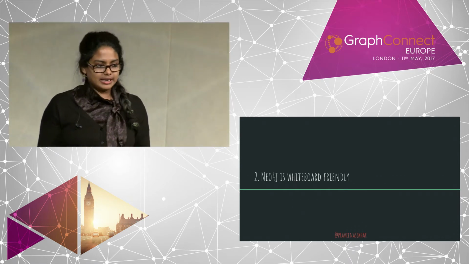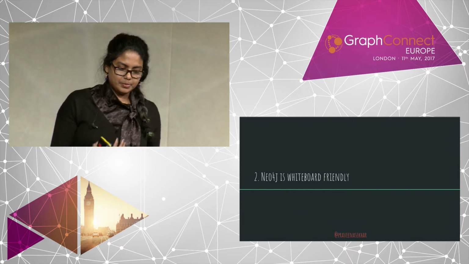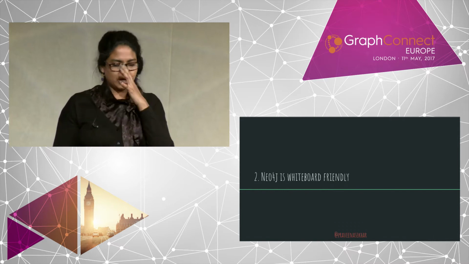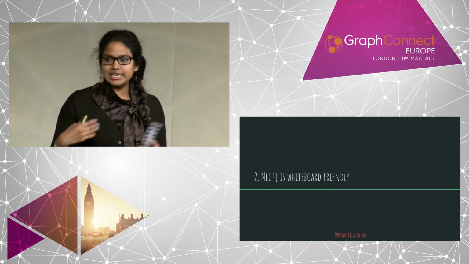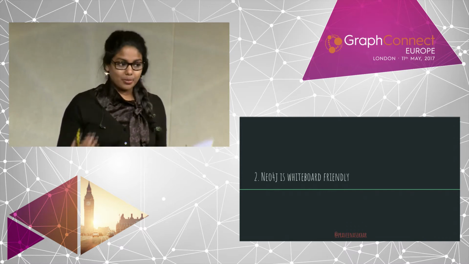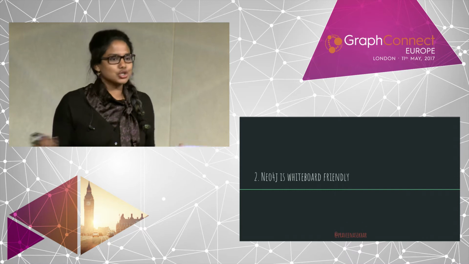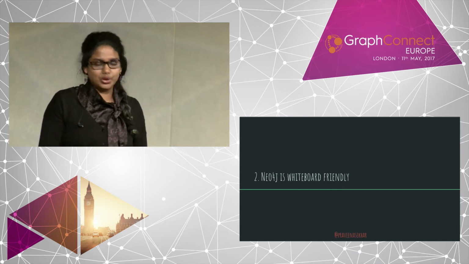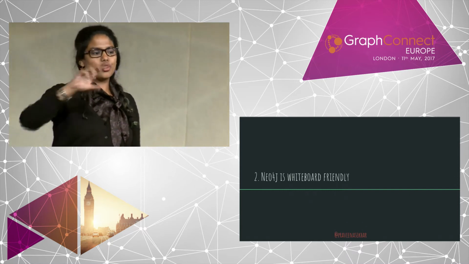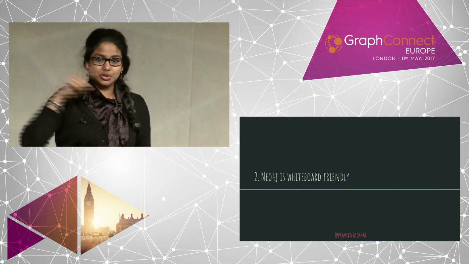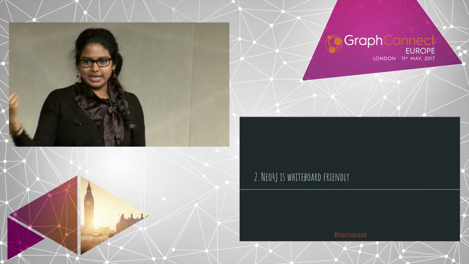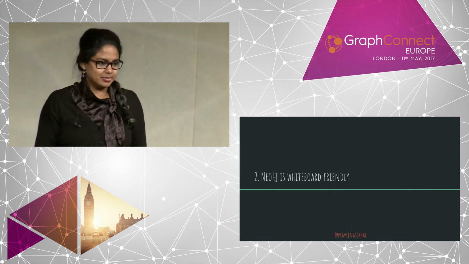The second thing that I alluded to in the previous point was that Neo4j is whiteboard friendly. If you were to explain this domain to your colleagues, when someone joins your team for example, you would go to the whiteboard and draw that Alice belongs to two different departments. You wouldn't possibly draw the join table in between to express the same sentiment.